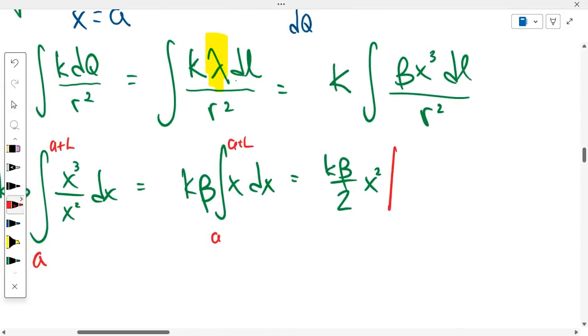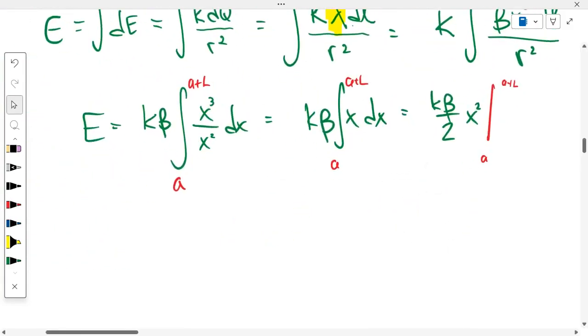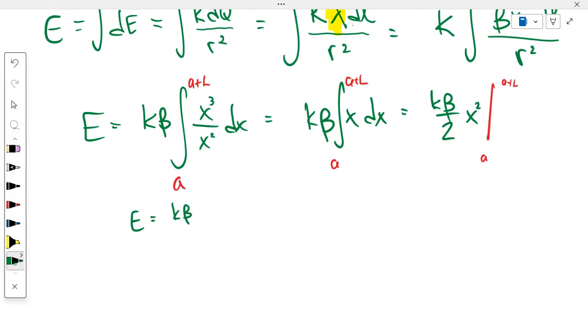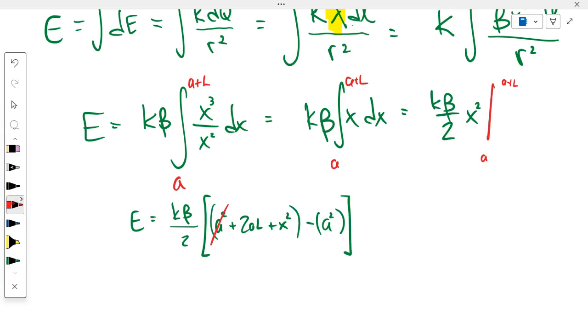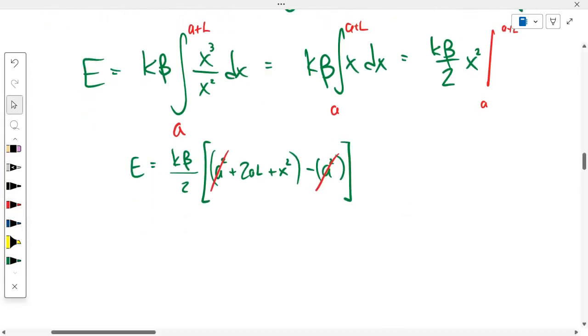And we go from a to a plus L. That's k beta over 2 times a plus L squared, which is a squared plus 2aL plus L squared. That's the top evaluation, minus, here's the bottom, a squared. All right, well, there's an answer.